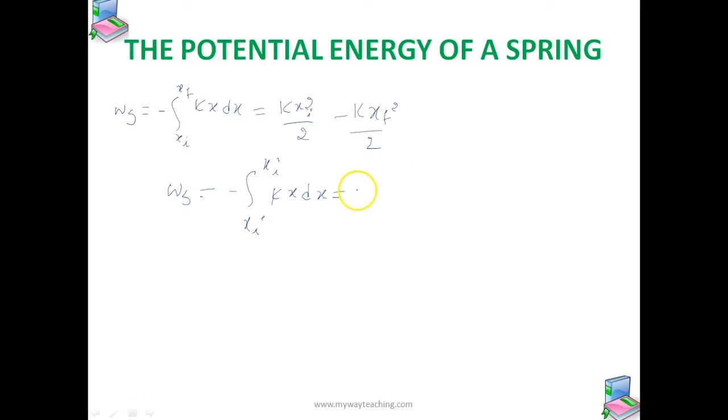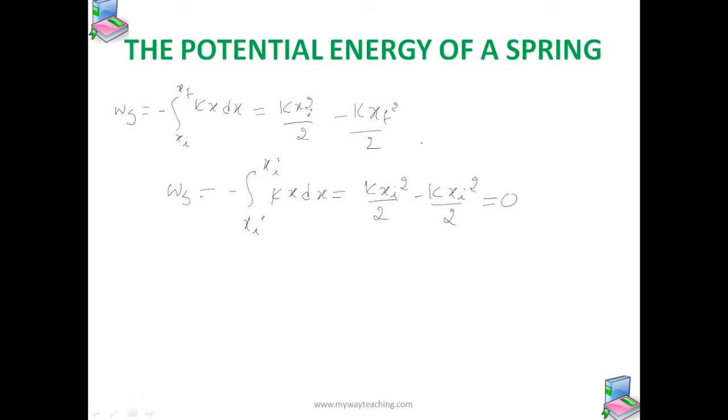So that is given by kxi square by 2 minus kxi square by 2, which is equal to 0. So the work done by the spring force in a cyclic process is 0.